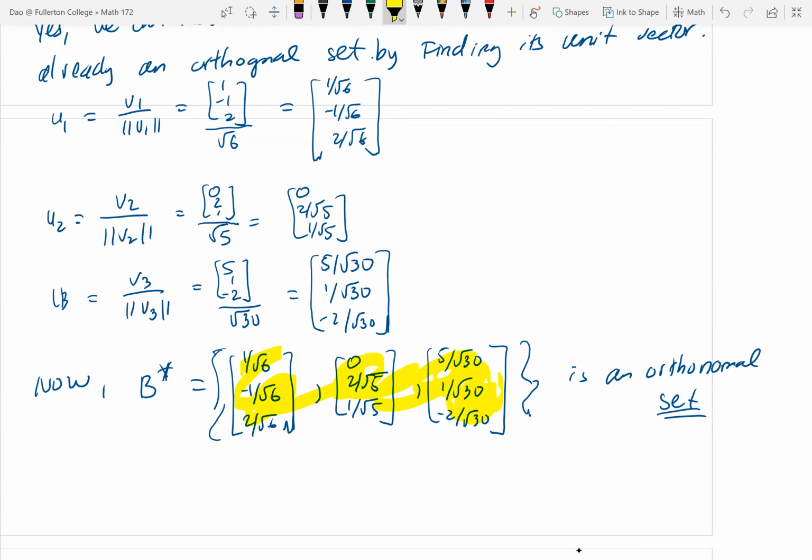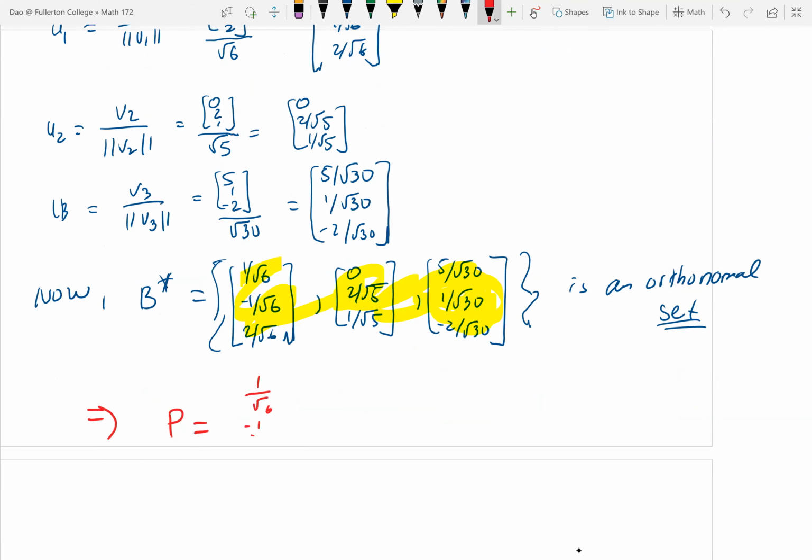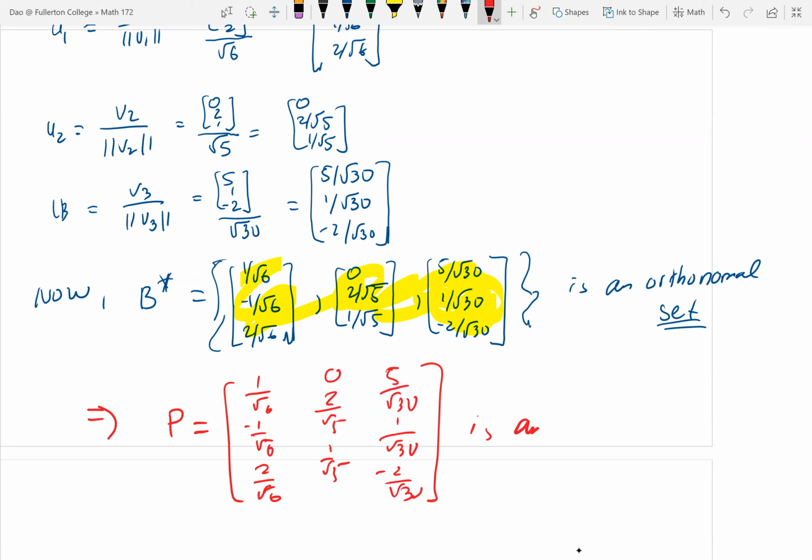So you can say that P equals (1 over rad 6, -1 over rad 6, 2 over rad 6), (0, 2 over rad 5, 1 over rad 5), and (5 over radical 30, 1 over radical 30, -2 over radical 30) is an orthogonal matrix.